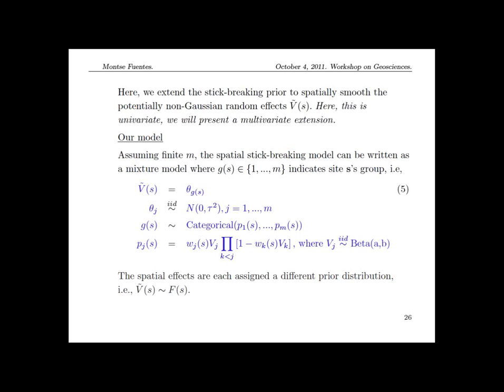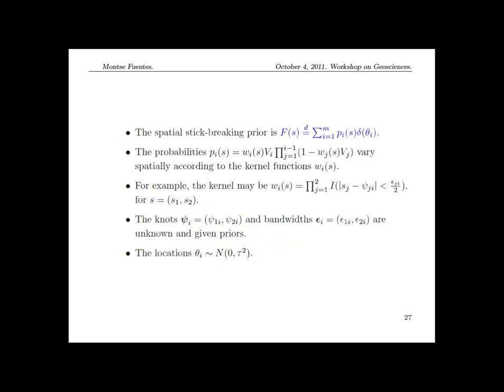So now this W is really a kernel function. This is the way it would look. It's the same as before. The unknown stochastic component now has a very flexible type of distribution. It's this mixture that would take different values with different probabilities, and the probabilities change across the space.